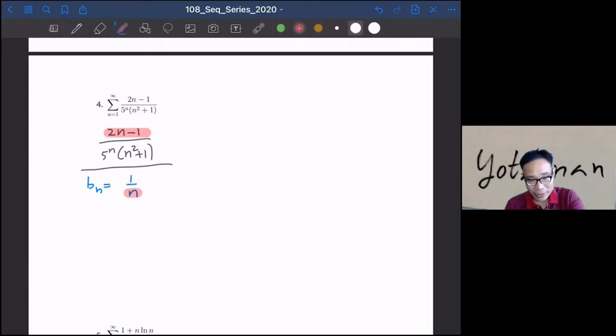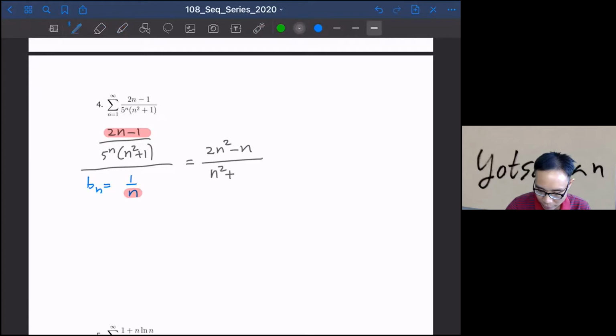So it's going to be a power that can be reduced. So this guy is going to become 2n squared minus n over n squared plus 1, right? And you have the limit equal to what? You have the limit equal to 2, more than 0.